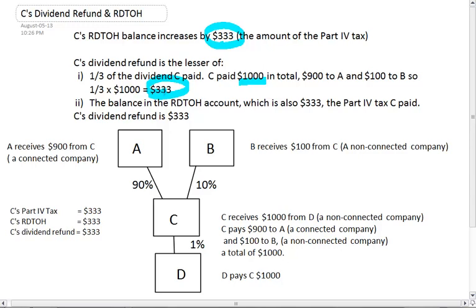Well, the RDTOH account balance, assuming it started at 0, has been increased by $333, the amount of the Part 4 tax that C paid. So these two numbers equal each other, so the dividend refund is $333. So the net effect of this is that C pays Part 4 tax of $333 but receives a dividend refund of $333. So C's net tax is 0.